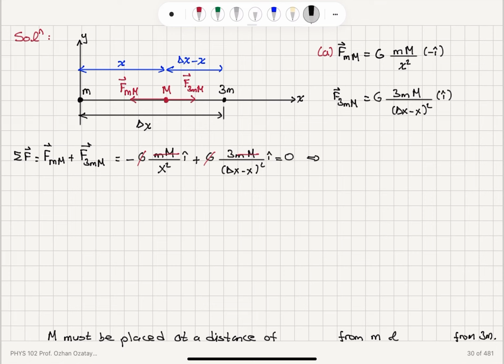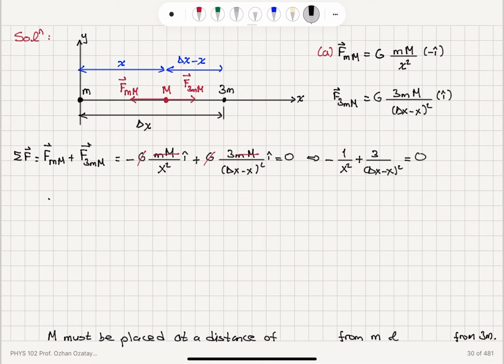This gives me the equation minus 1 over x squared plus 3 over delta x minus x squared is equal to 0. So this is equilibrium.